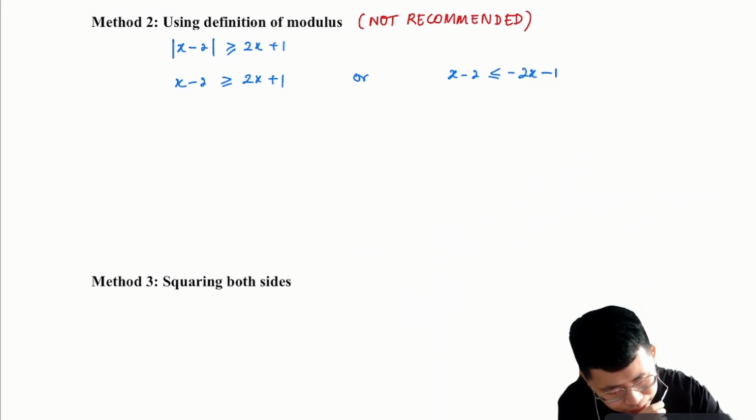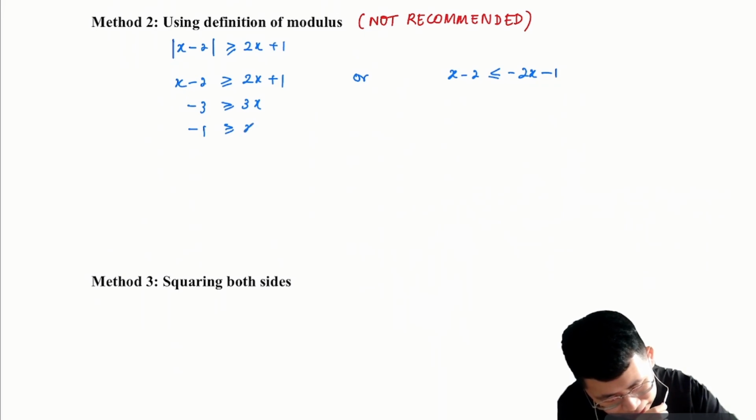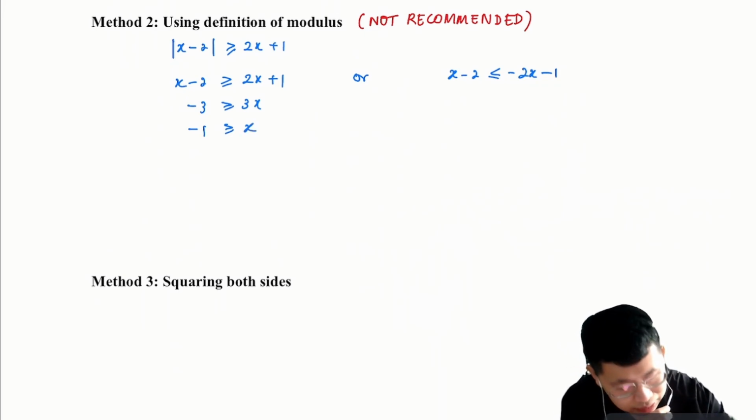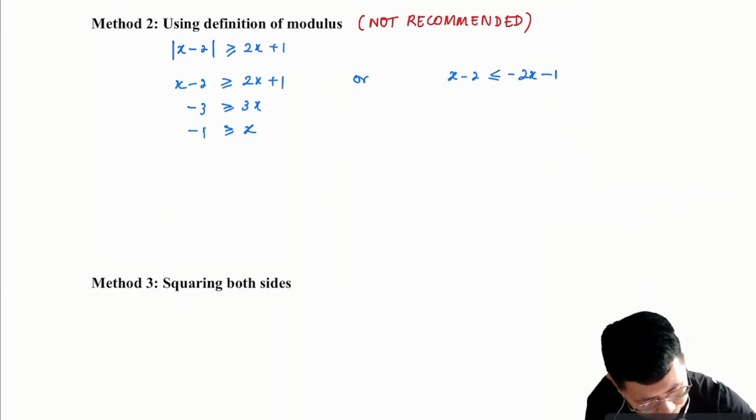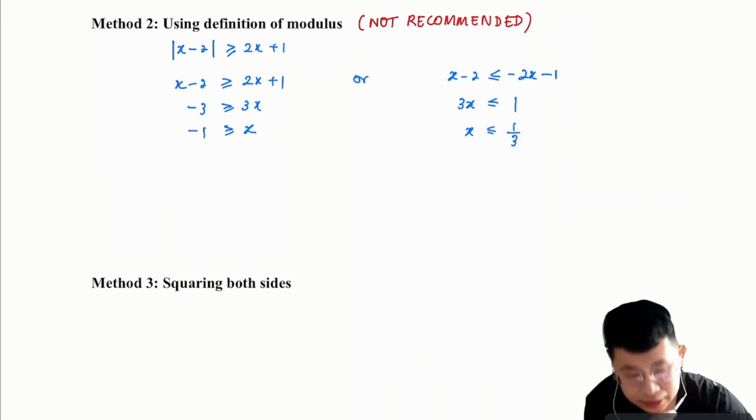So on the left, we can solve this to be -3 less than 3x, so -1 less than x over here. And if you look at the other side, we will have 3x less than 1, and x will be less than 1/3 over here.